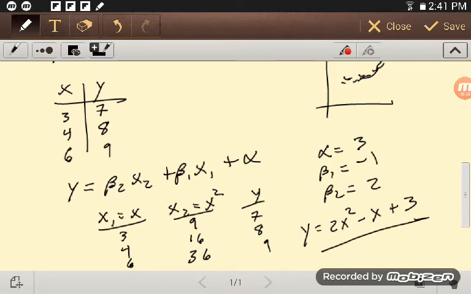So pretty awesome, the way we can use multiple regression to fit any general linear model.